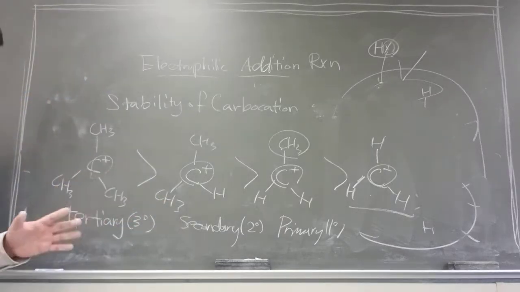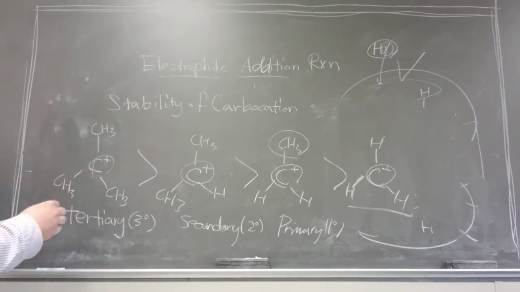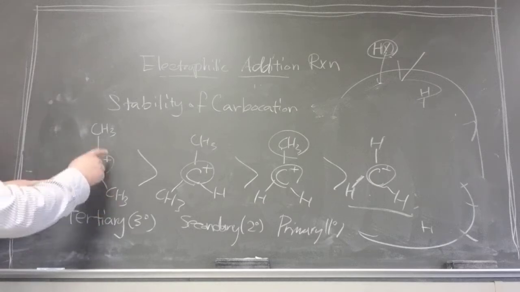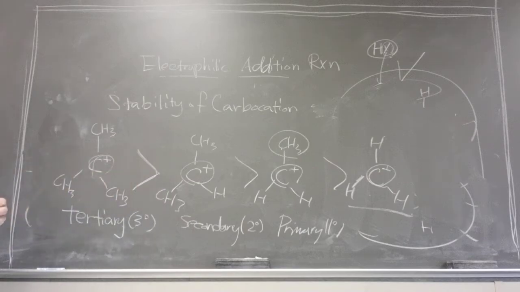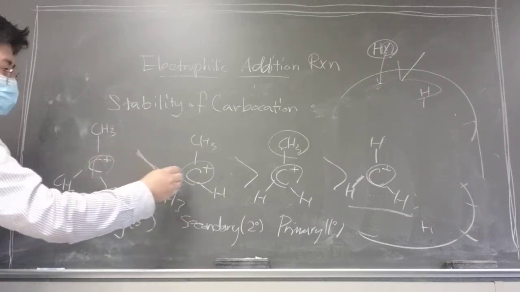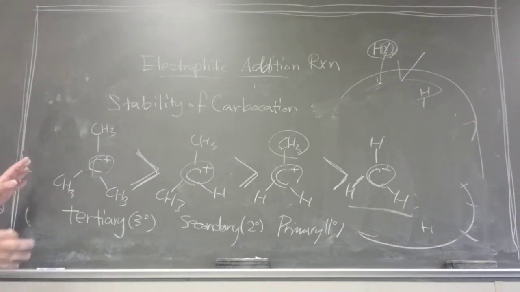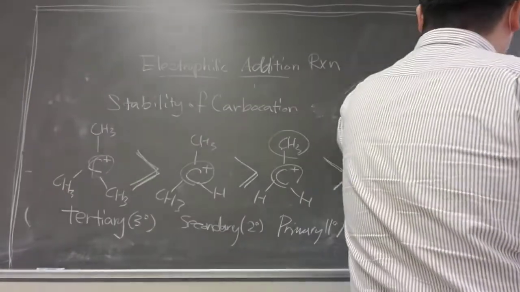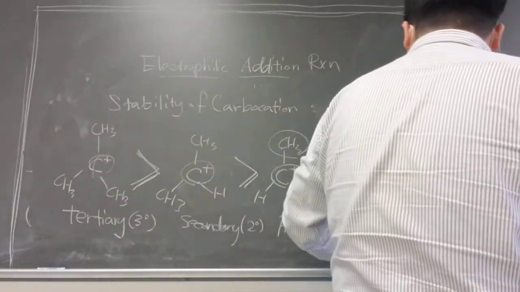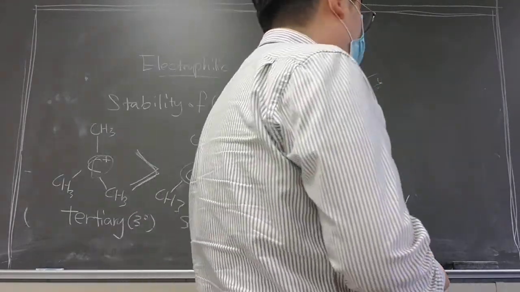It's pretty much the same as what we did for the alkene groups. For a carbocation, if you have more substituents or more R groups around that carbocation, it's more stable. So the stability order goes this way, and I want you to remember this one as well. I'm also going to explain the reason why, but same as before, that will not be on the exam. It's only for your understanding.